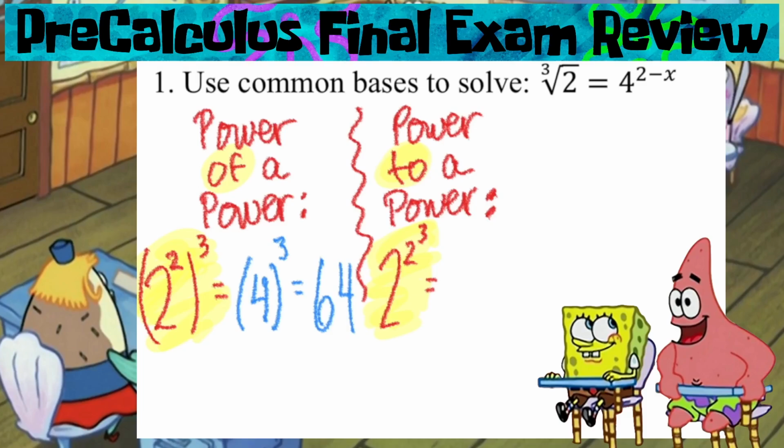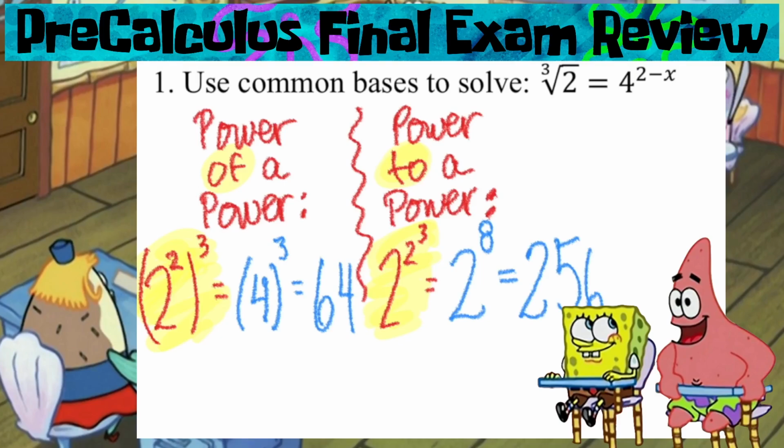Did you say 64? I hope so. The next one, 2 to the 2 to the 3. That becomes 2 to the, well, what is 2 to the third power? That is... Did you say 8? And then 2 to the 8th power, that is? Did you say 200? Wow, where's that 5 going? 256.